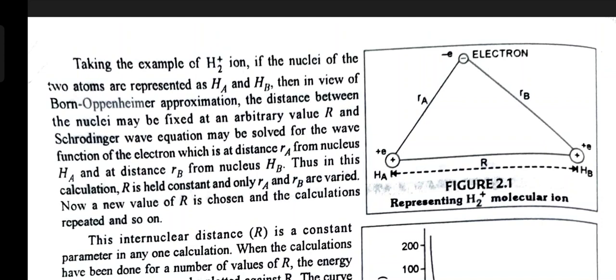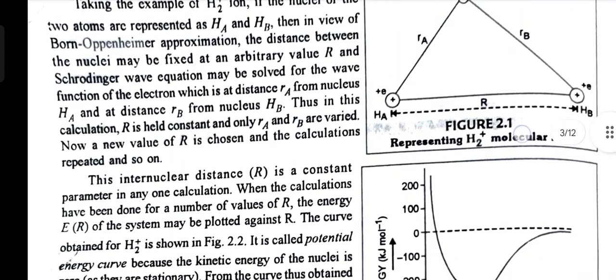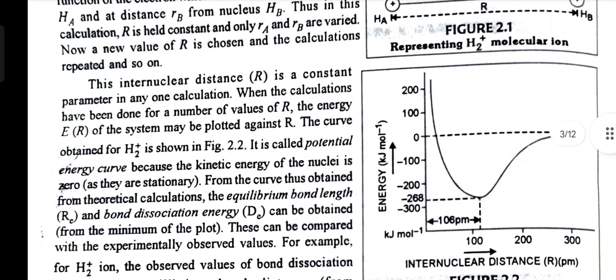In this calculation, R is held constant and only Ra and Rb are varied. Now a new value of R is chosen and the calculation repeated, and so on. This internuclear R is a constant parameter in one calculation.